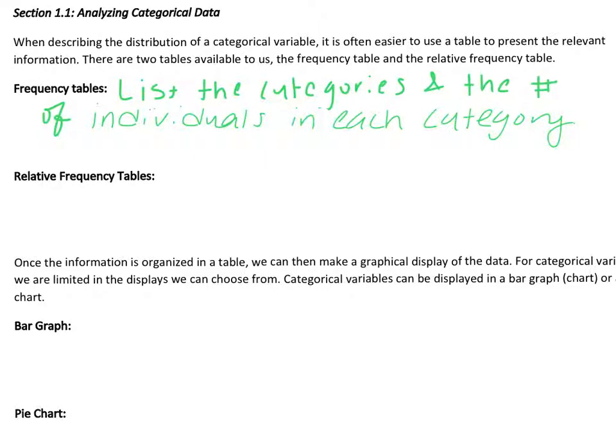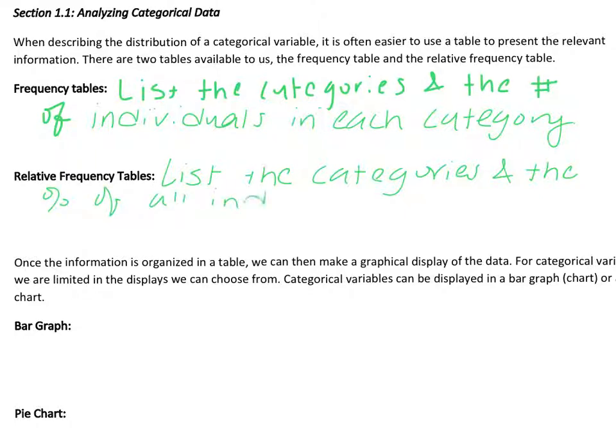A relative frequency table, on the other hand, lists the categories again, but instead of listing the number of individuals in each category, it's going to list the percent of all individuals in each category.